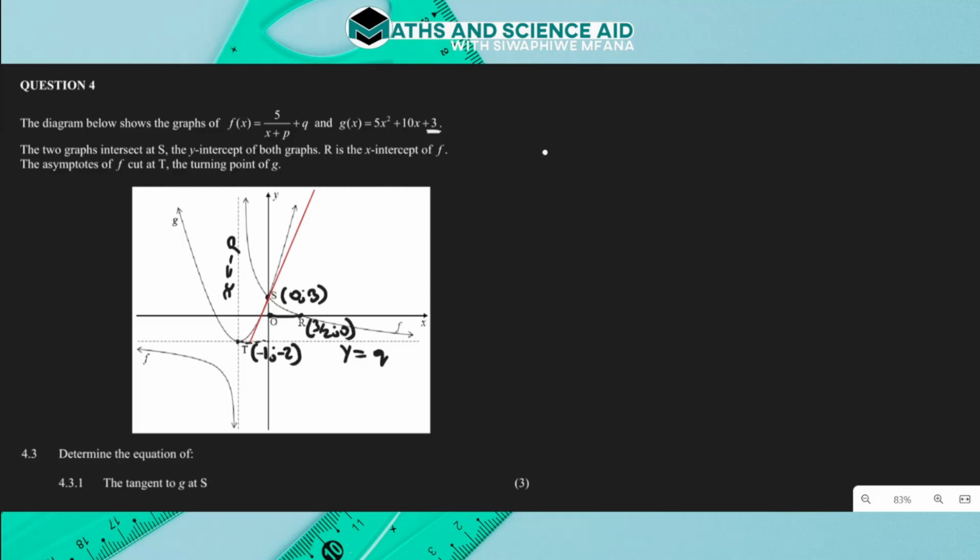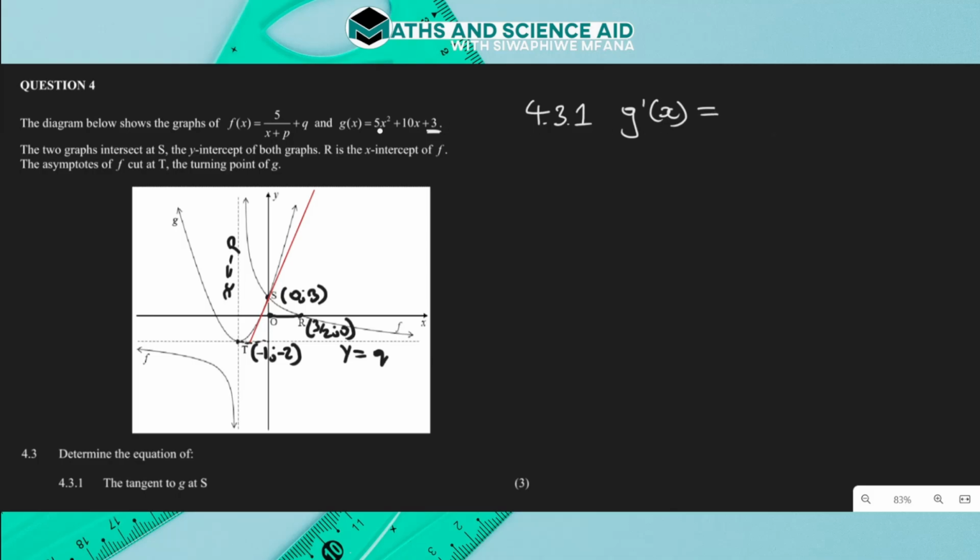So this is what I mean by this. In this case, since we are trying to find the tangent to g, we are going to take the equation of g. So we'll take g of x here, and then we are going to differentiate it. So for 4.3.1, we need to work out the derivative of g.